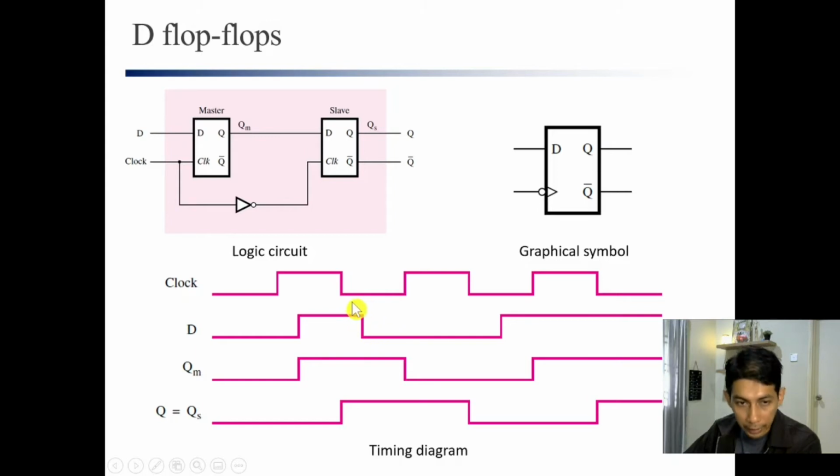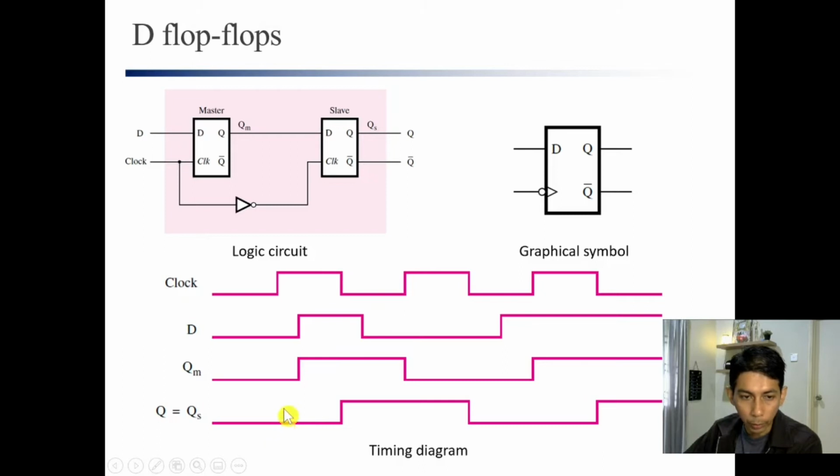For example, in this case, if we look at the level of the clock, with the latch behavior characteristic, Q should go up already because D is going up here. But because this one is edge triggered, we only look at the edge, the negative edge.